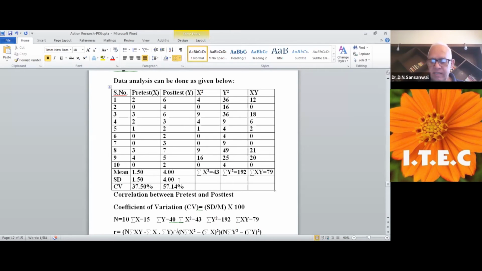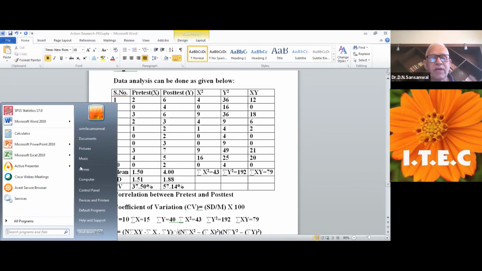So these were not the standard deviations. The standard deviation in the pre was this, and in the post it was 1.88. So thank you for pointing that out. You have to change the SD also. Oh God, because I was writing what you people were saying, or I might have committed a mistake.